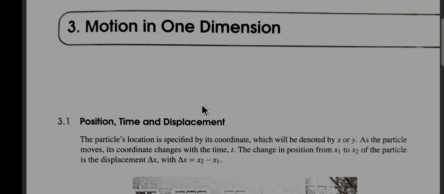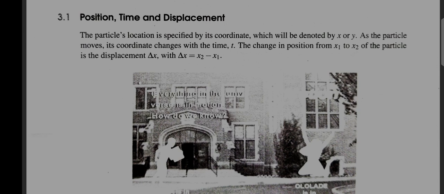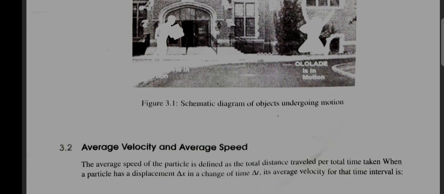All right, if we move to the next one, we can see average velocity and average speed. Now we can differentiate between velocity and speed, where velocity is a vector quantity while speed is a scalar quantity.